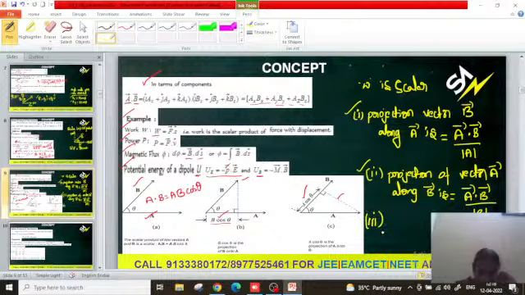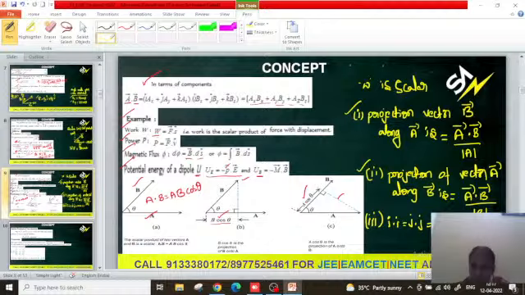In case of unit vectors, we know that i, j, k are the unit vectors which lie along the X, Y, Z axis, which shows the direction along X, Y and Z. If we take i dot i, j dot j, k dot k will be equal to 1.